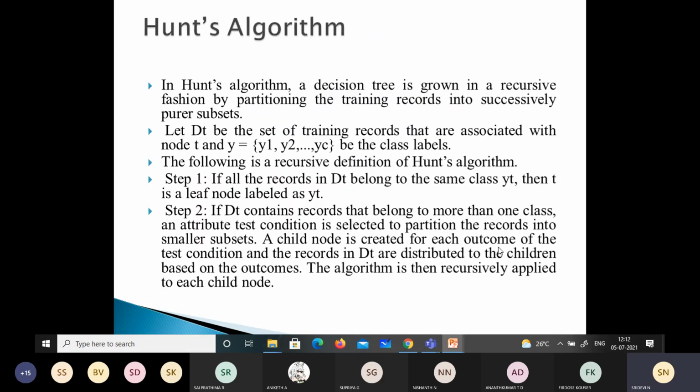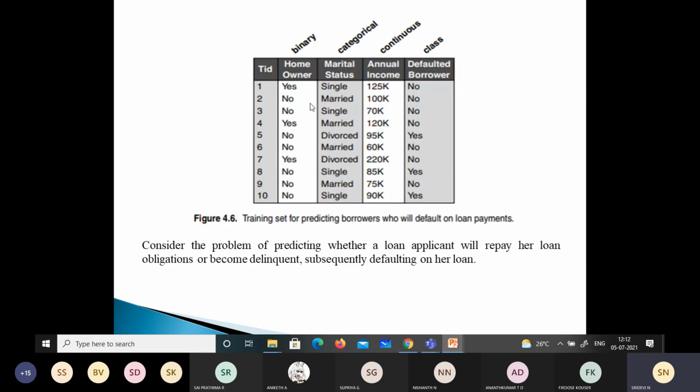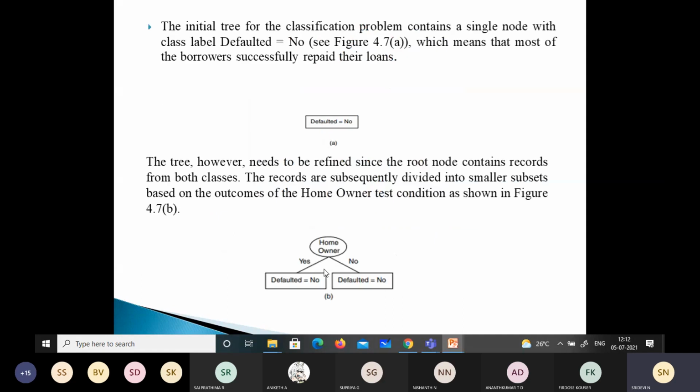A child node is created for each outcome of the test condition. When you test the condition, you will partition and you will get child nodes, and the records in Dt will be distributed to the child nodes based on this outcome. Whether it is yes or no, we will distribute these records among those two classes.